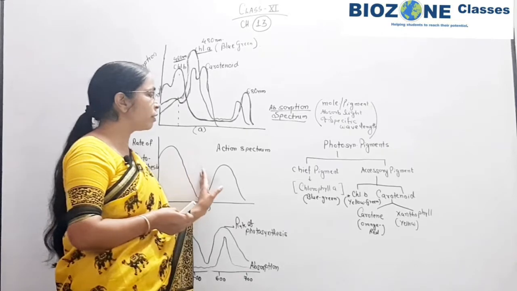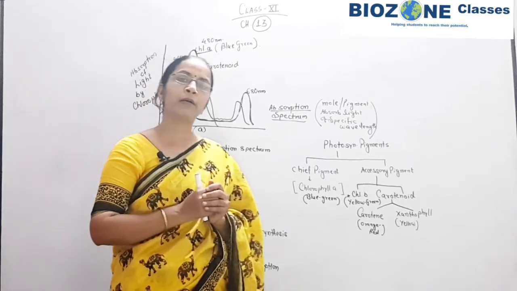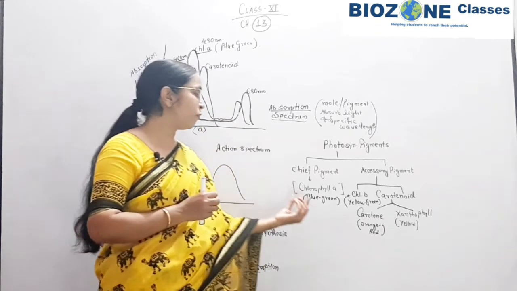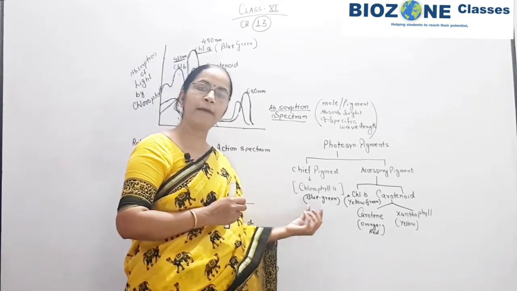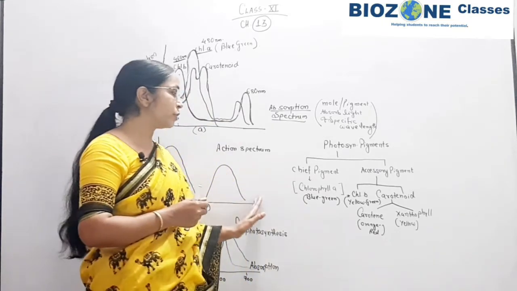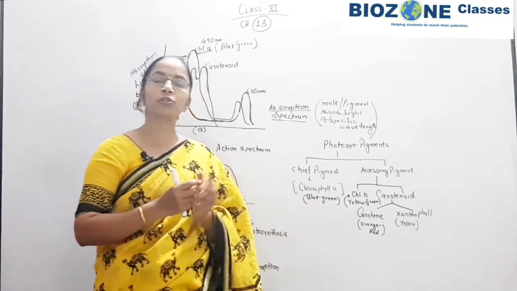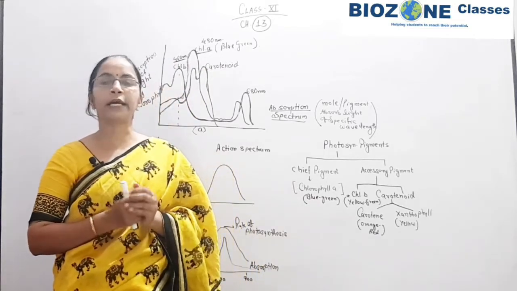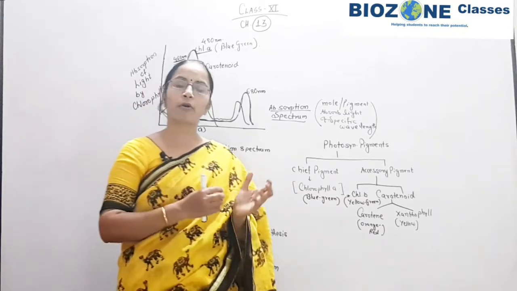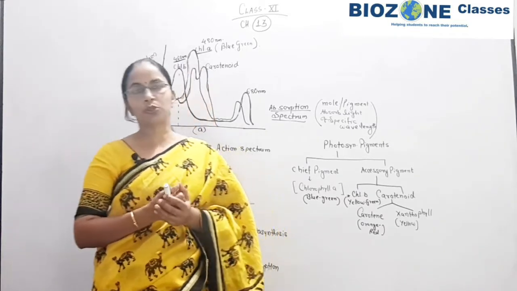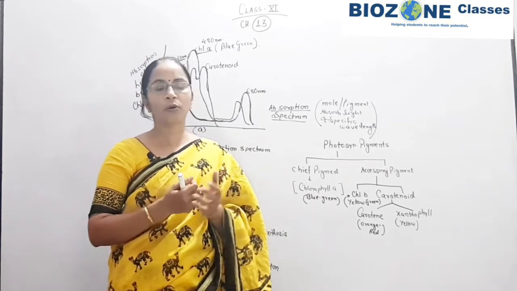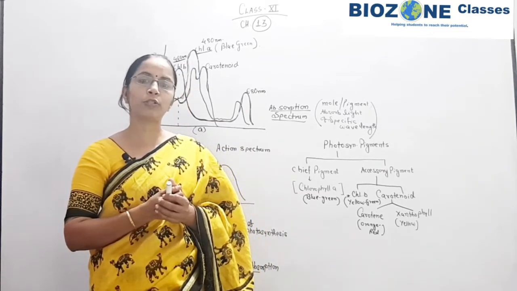And in this part you remember very well the chief pigment of photosynthesis. The chief pigment of photosynthesis is chlorophyll A, and it is bluish green in color. Next, in the next session, we study the structure of chlorophyll, because actually it is not provided in NCERT, but for competitive purposes, the structure of chlorophyll as well as the formulas of the chlorophylls are also important.